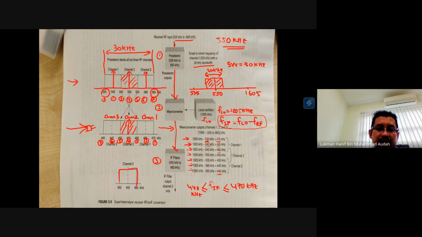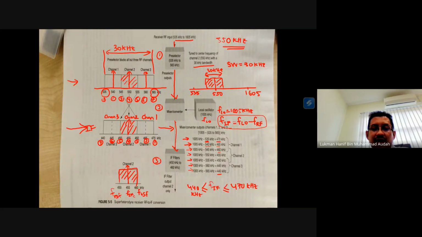Okay. And if you see from here, this is the center frequency of IF, FIF,C. This is the upper side frequency, FUSF. This is FLSF. Okay. So after the IF filter, we're going to get the single frequency channel.